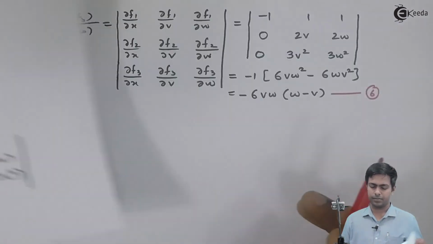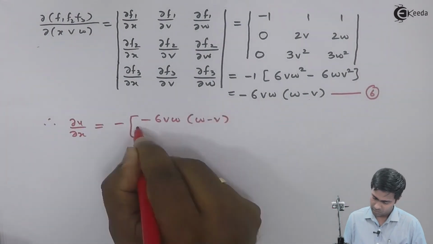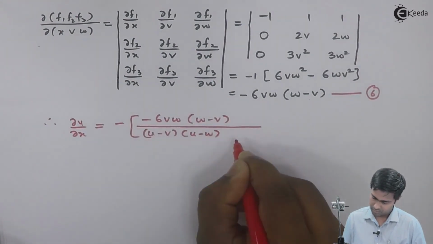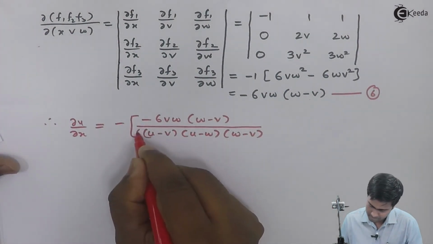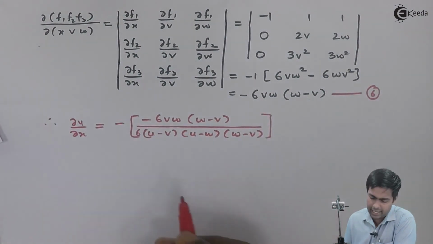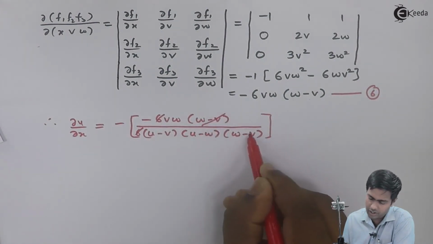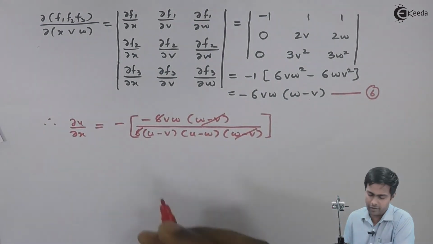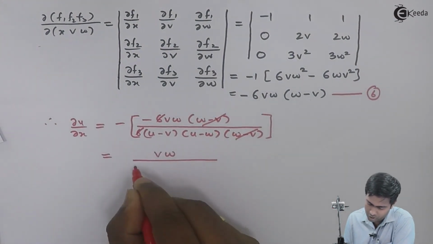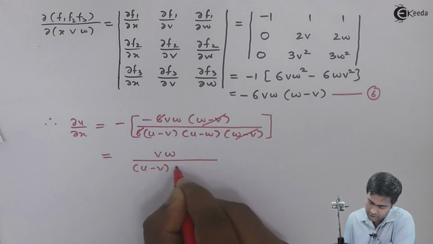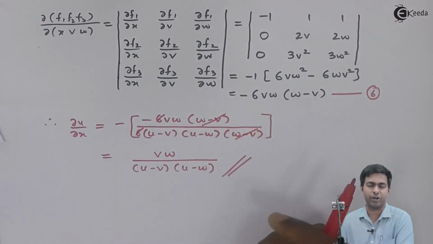So we'll get, now by cancelling 6 and 6 and w minus v, we will get vw upon u minus v and u minus w, and this is the required result.